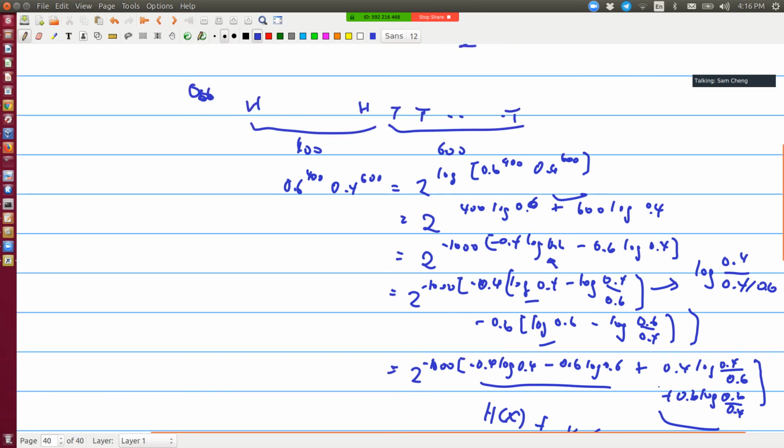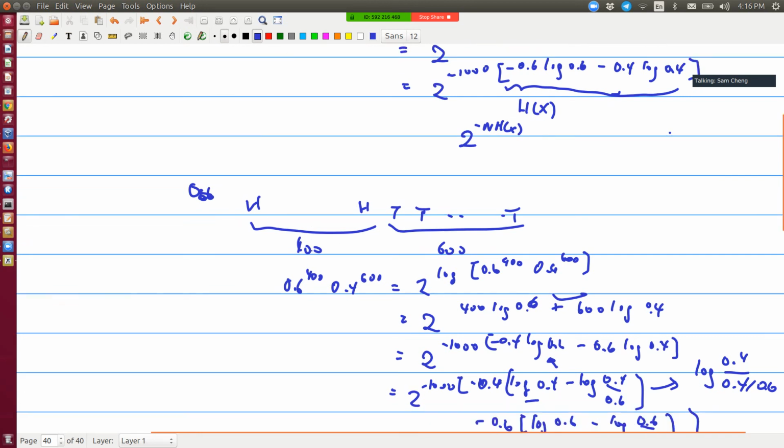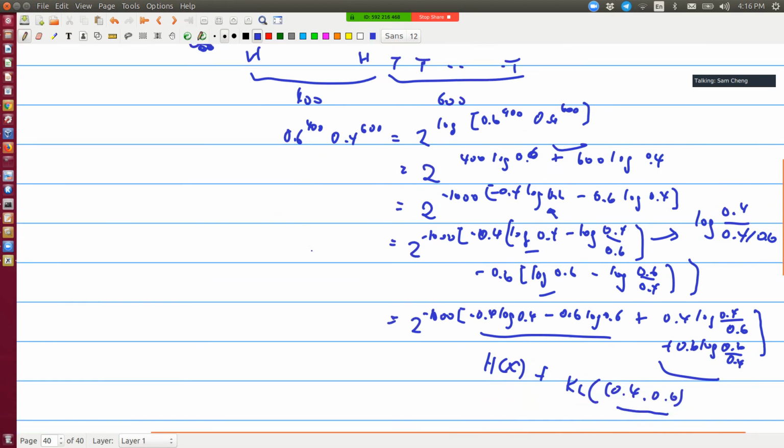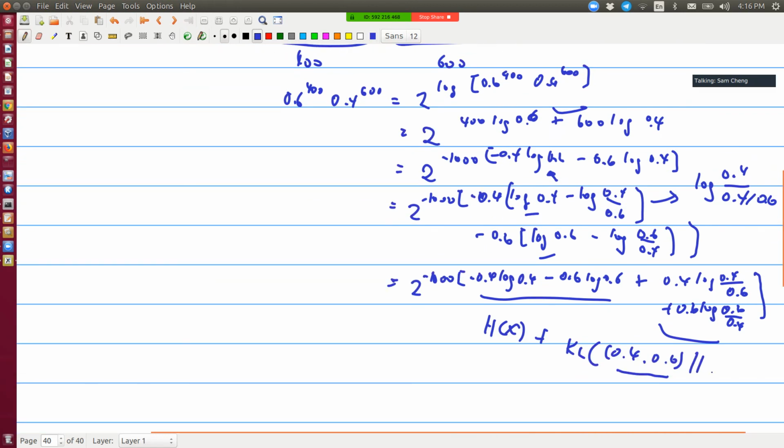I have approximately 0.4 ratio of the sequence being head, and 0.6 fraction being tail. And the original distribution, this is the original.